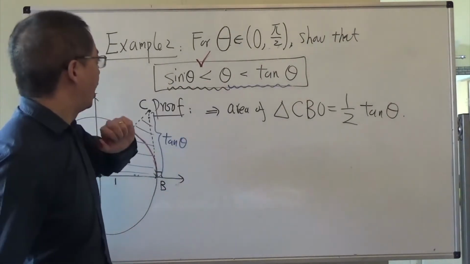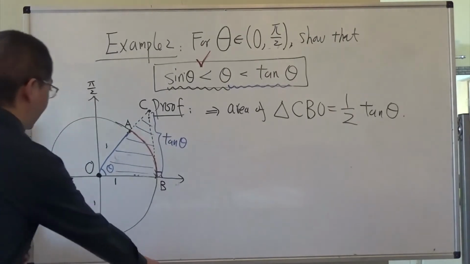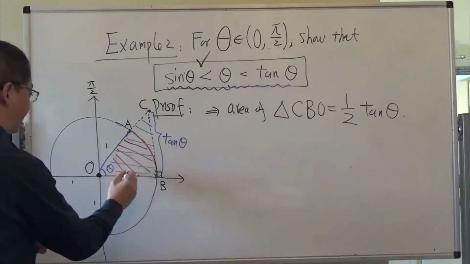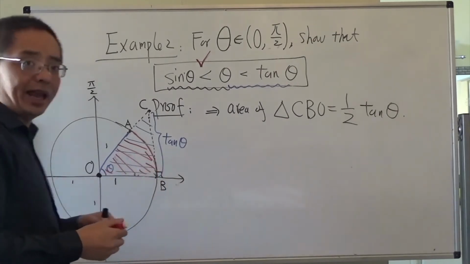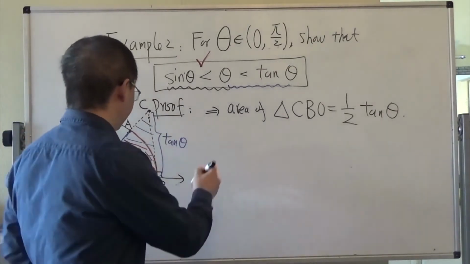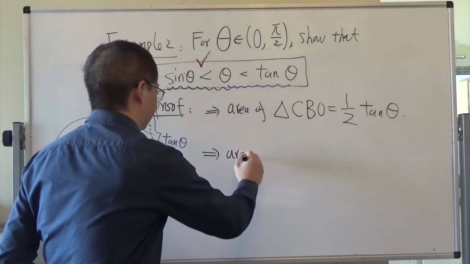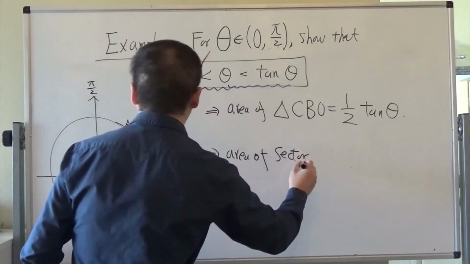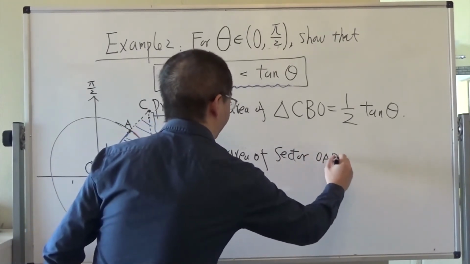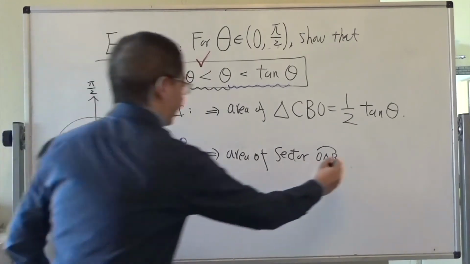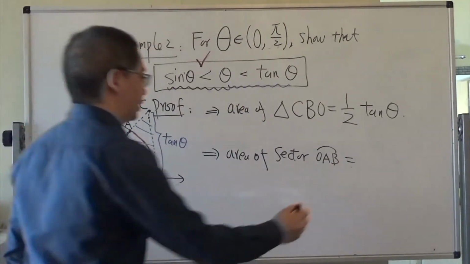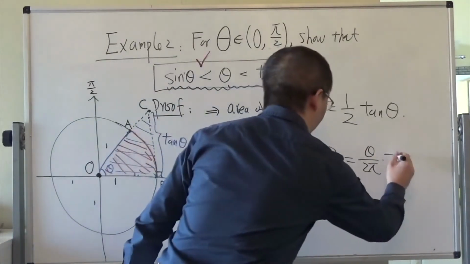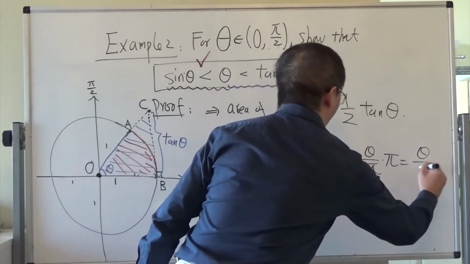Now let's see, how can we express theta? Well, let's look at the sector. What is the area of the sector? The area of the sector OAB equals theta over 2 pi times the total area, which is pi, so that's theta over 2.